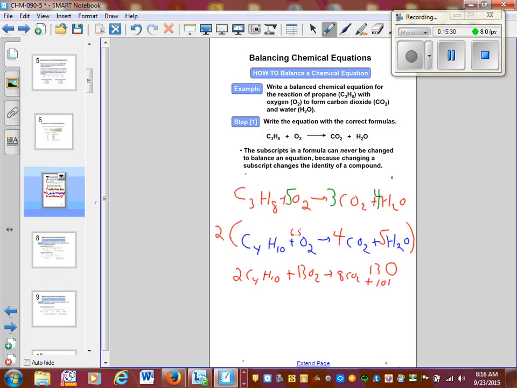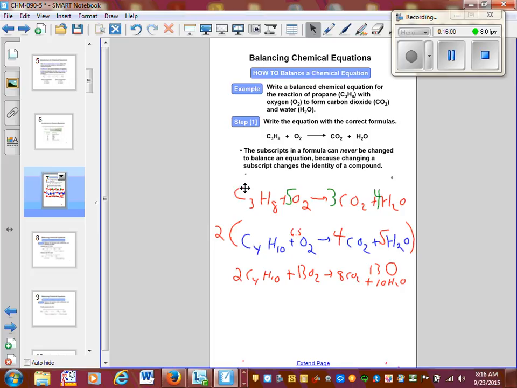So, check this. How many carbon on this side? 8. How many here? 8. How many hydrogen? 20. 20. How many oxygen? 26. Here we have 16 here, and 10 here. 16 and 10 is 26.